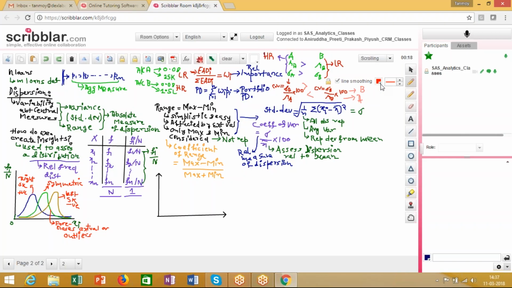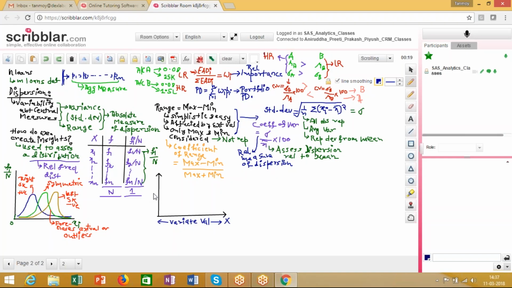So over here, I'll have the value of the variable x. On this axis, I have the values of the variate.